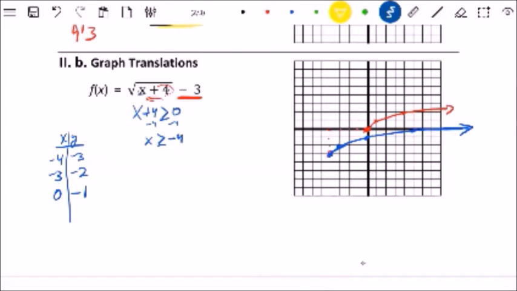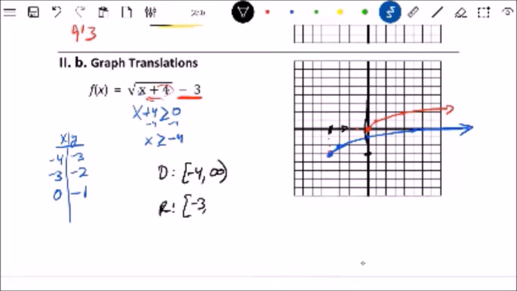Oh, and then we need the domain and range. Well, the domain is going to be the x's that are -4 on to infinity. And the range then is going to be the y values. And the first y value that you get to coming up is at -3.